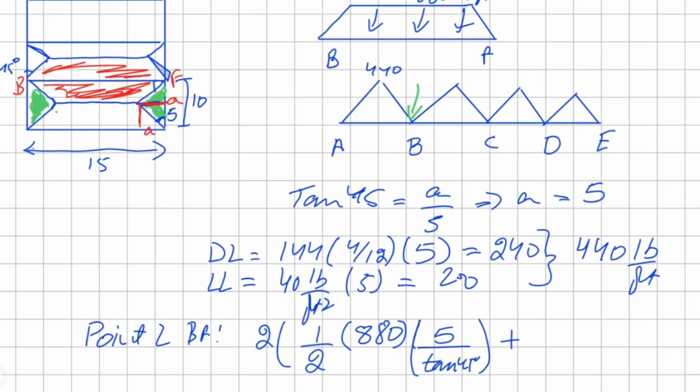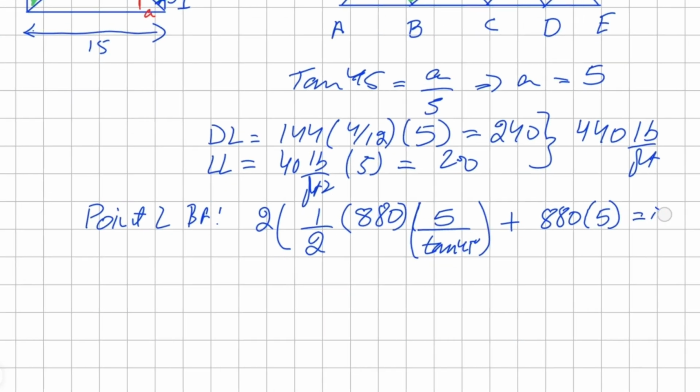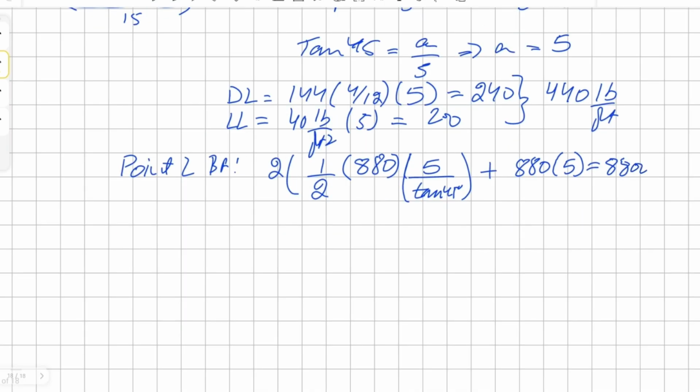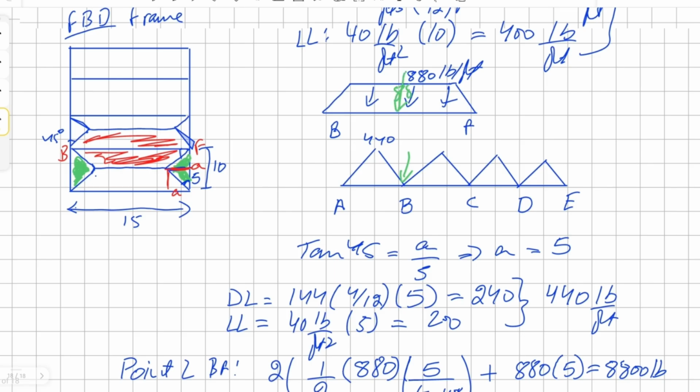So that's going to be 880 times 5, and all equals our solution, 8,800 pounds. So our point load here is 8,800 pounds. Dividing this by 2, because our load will be distributed between the 2 points B and F, we are left with 4,400 pounds on each point.